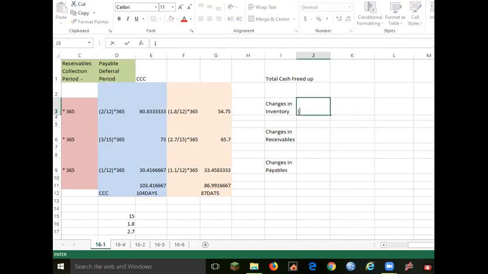We had 60.8 days before the changes and 54.75 days after the changes.